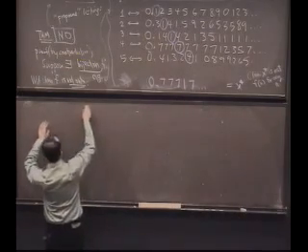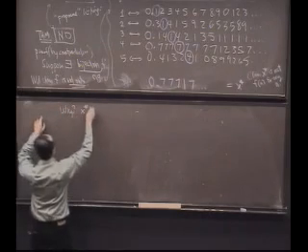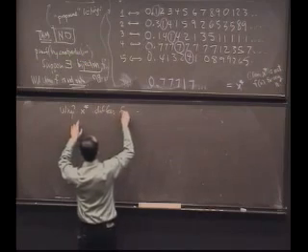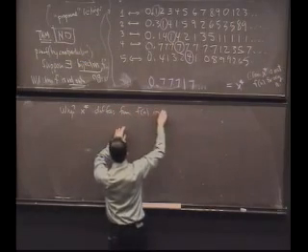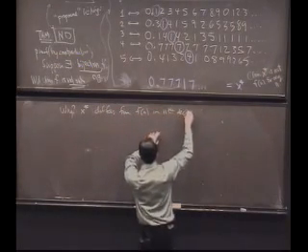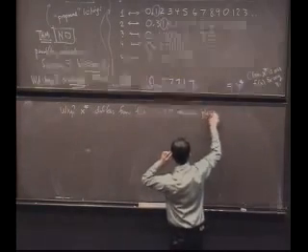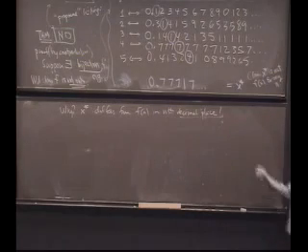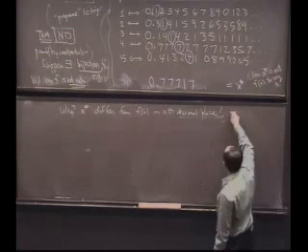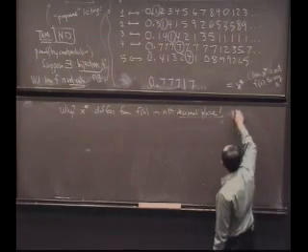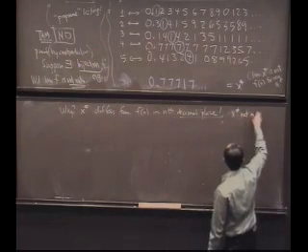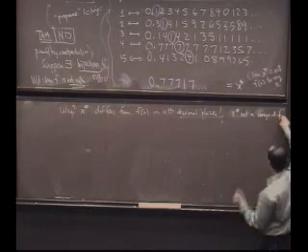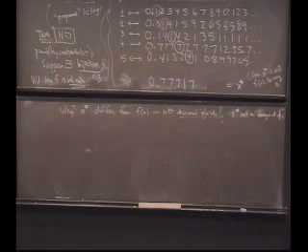Notice that x star differs from fn in the nth decimal place. So it's not on the list. So it's not in the image. So x star is not in the image of f. Done. End of proof.